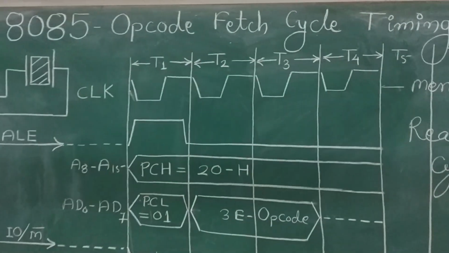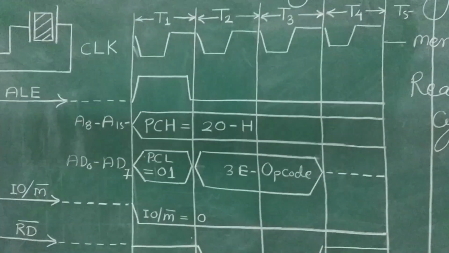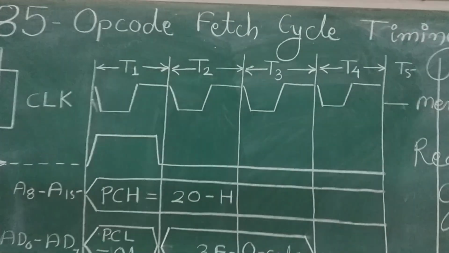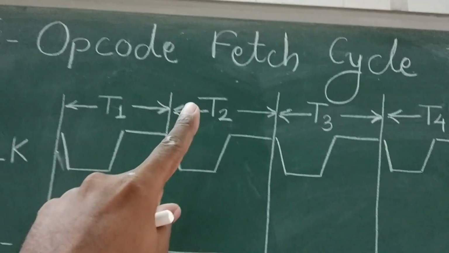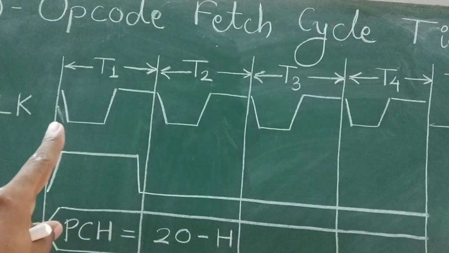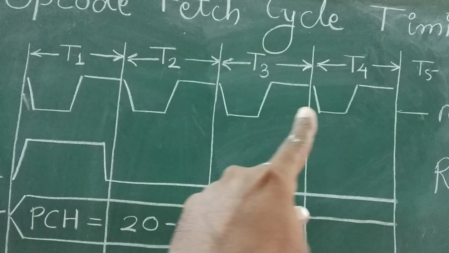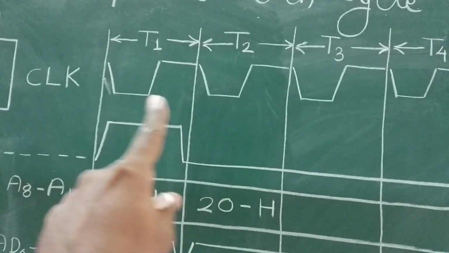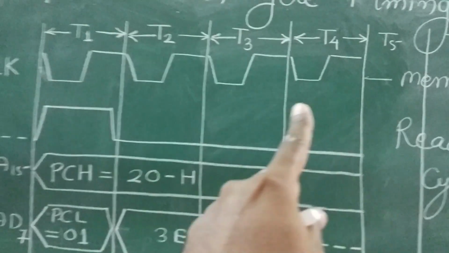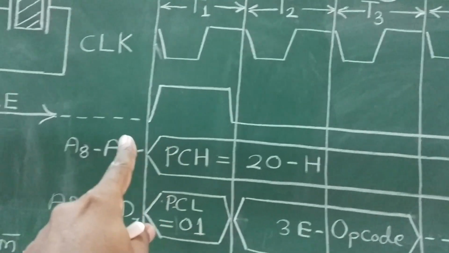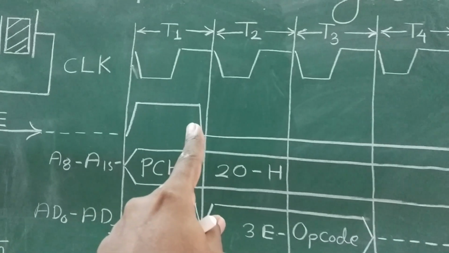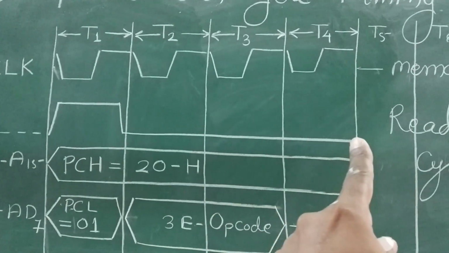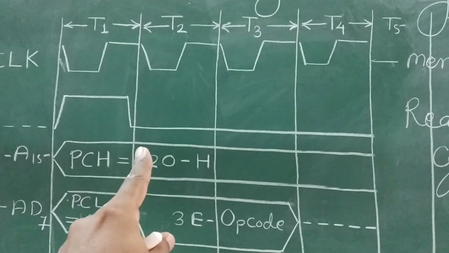Now, as a summary, we can say, for understanding the opcode fetch cycle, first we have to see 4 T states are required, 1, 2, 3, 4. So the clock signal should be drawn for 4 T states. Now we have ALE, pin number 30. ALE is activated at T1, then it is deactivated for all other T states.